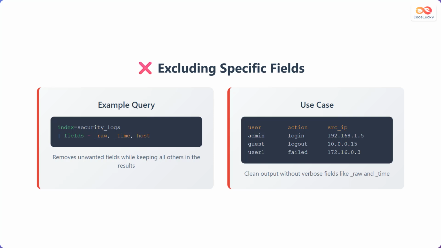This command removes the raw event data, timestamp, and host information while keeping all other fields intact. This is particularly useful when you want to clean up your results by removing verbose fields like _raw, which contains the complete original log entry and can make results difficult to read. The exclude approach works well when you have mostly relevant fields but need to remove just a few that are cluttering your output.